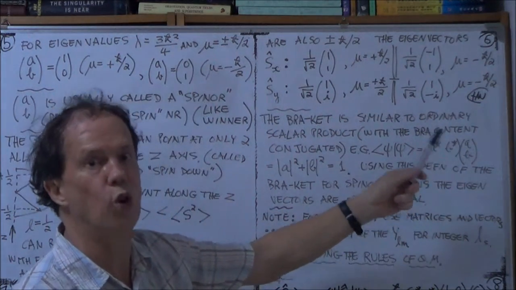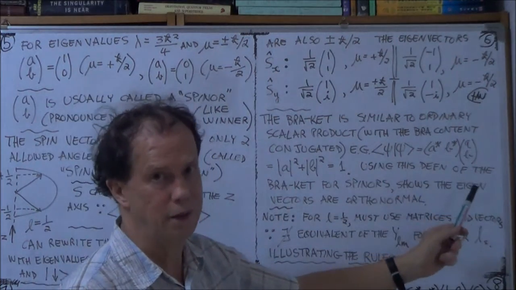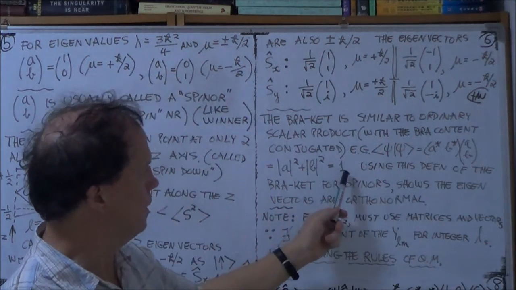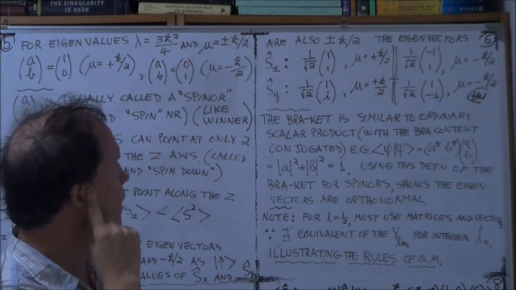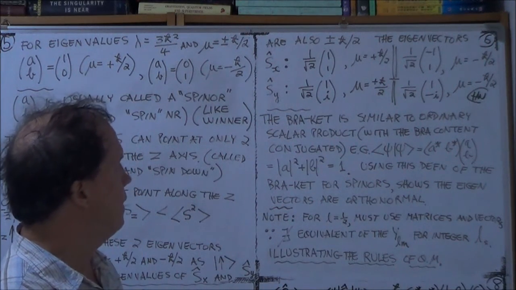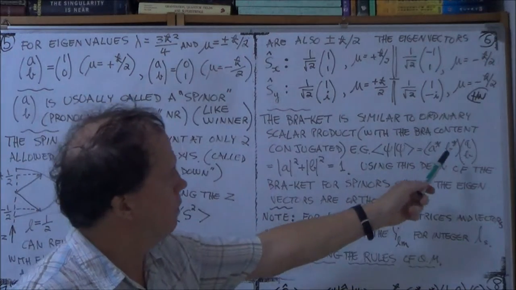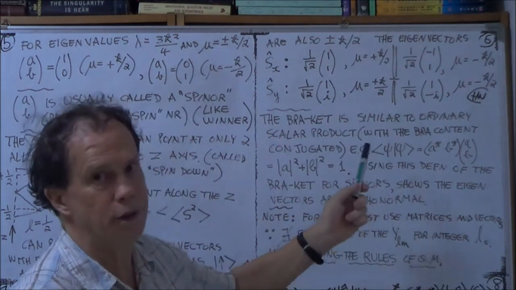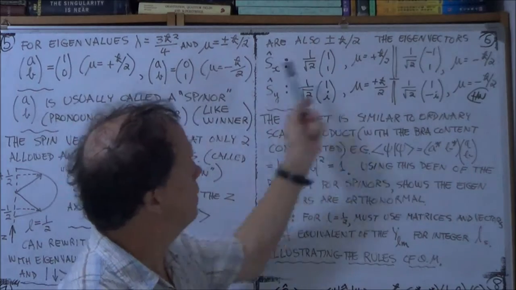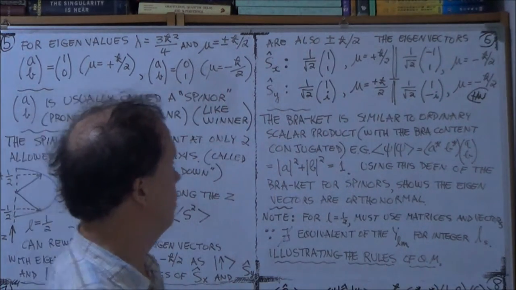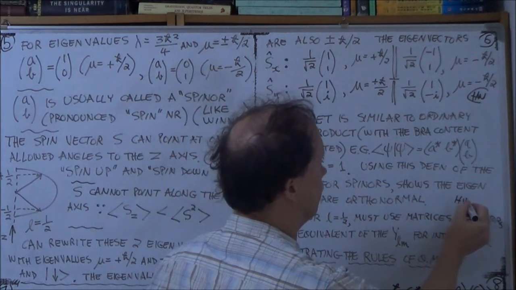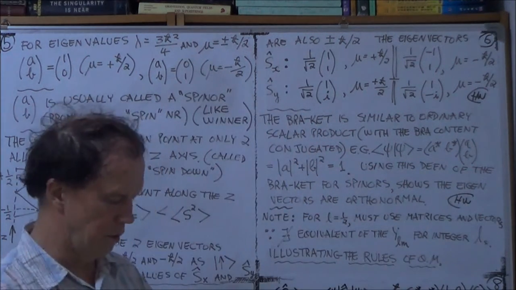Choose a to normalize your spinner such that it's 1, right? And if you normalize your spinners, then these various spinners are orthonormal. Do that for homework. That's pretty trivial, not difficult at all.